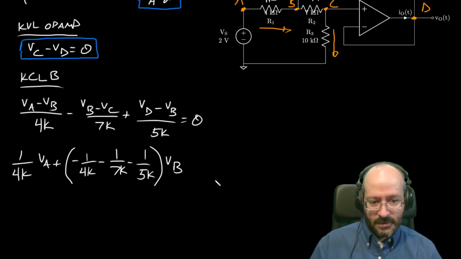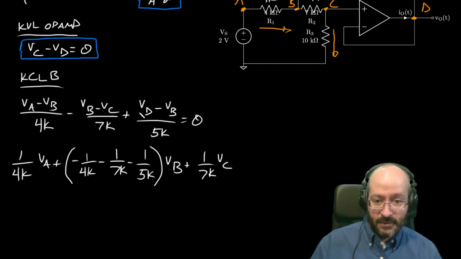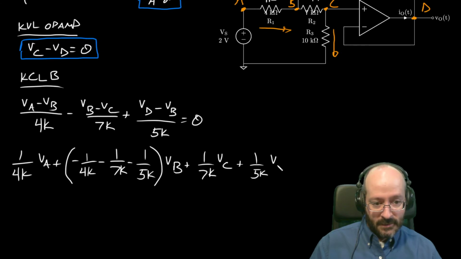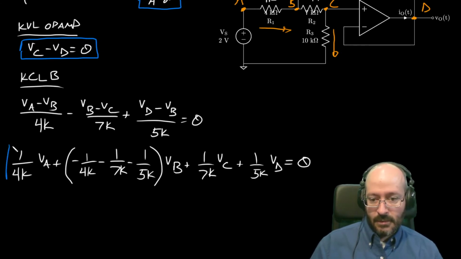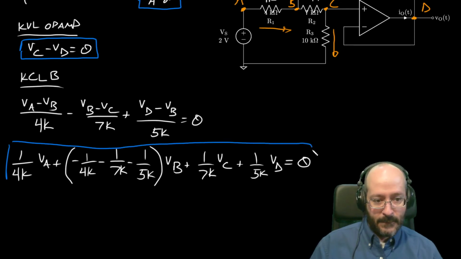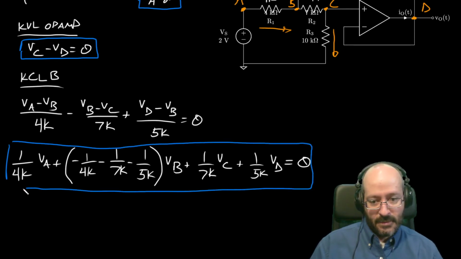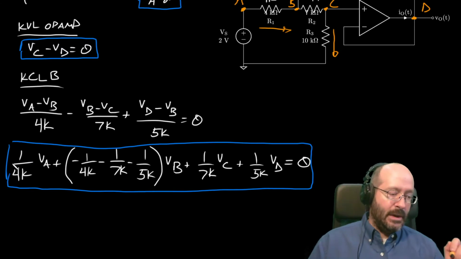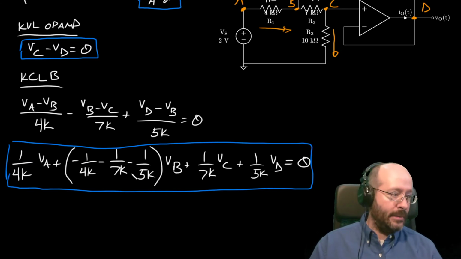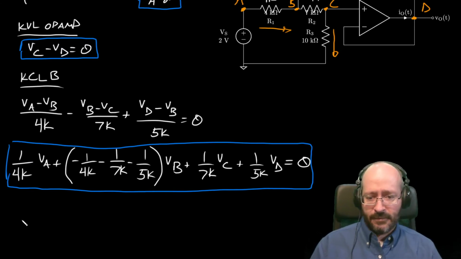We got VC over here, so we got plus 1 over 7K, VC, that was the only one there, and VD is only this one, so we got plus 1 over 5K, VD, and that's equal to 0. Okay. I'll take it. I'll let the calculator do that for me. All right, that was the KCL for B.